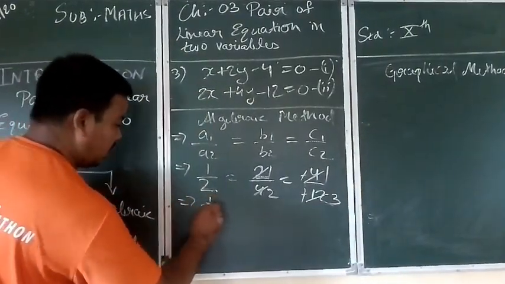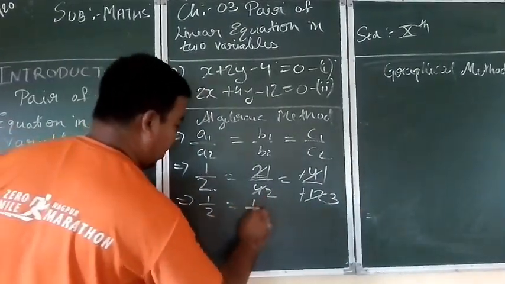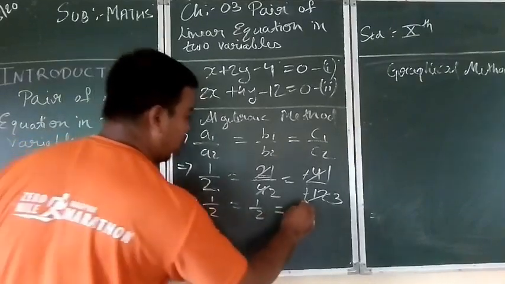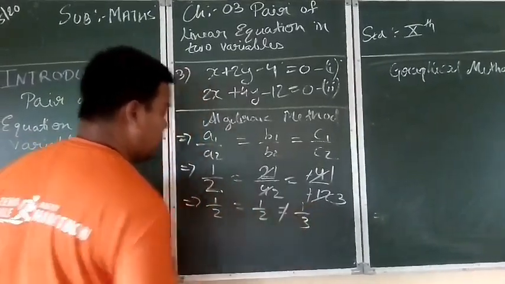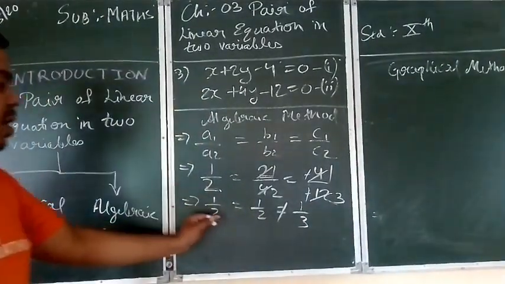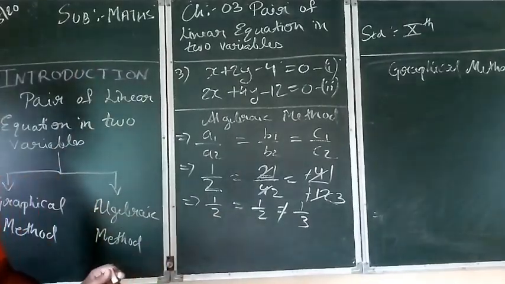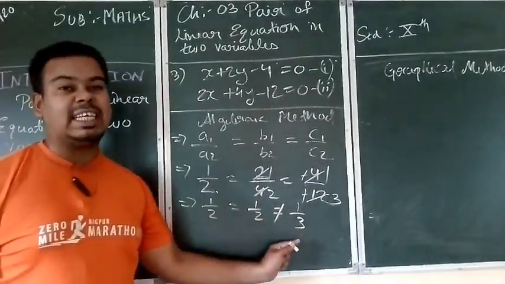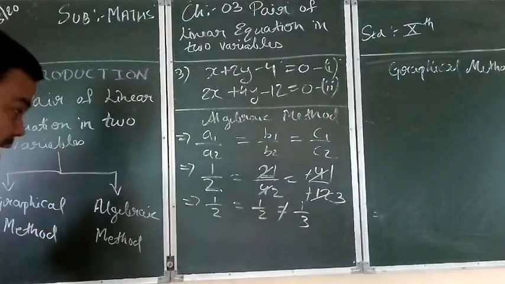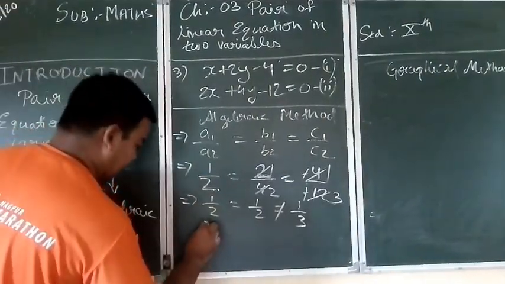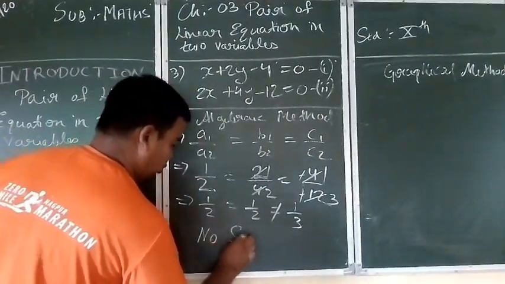So 1 by 2 is equal to 1 by 2 but not equal to 1 by 3, which means A1 by A2 is equal to B1 by B2, but not equal to C1 by C2. So in algebra we call this no solution.